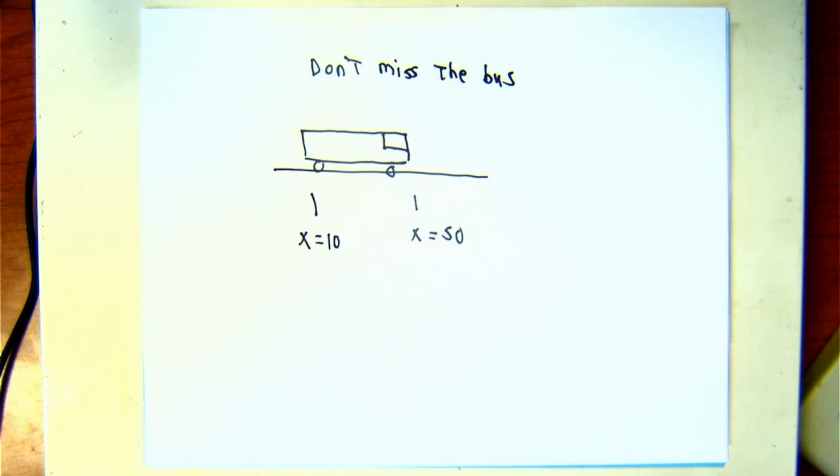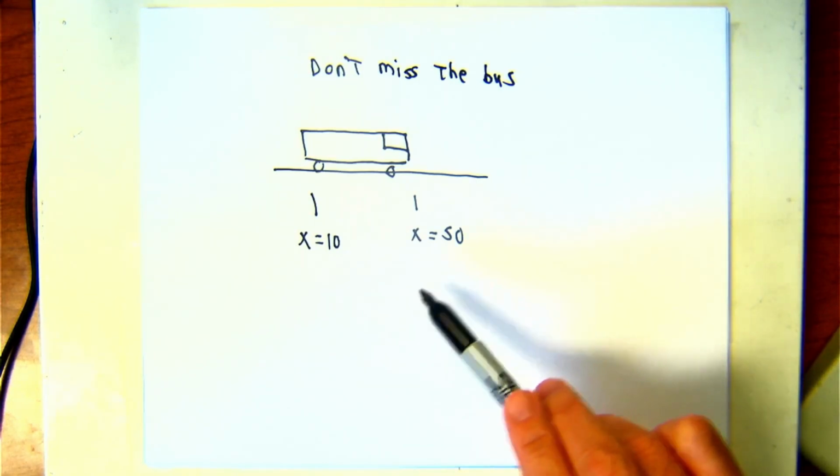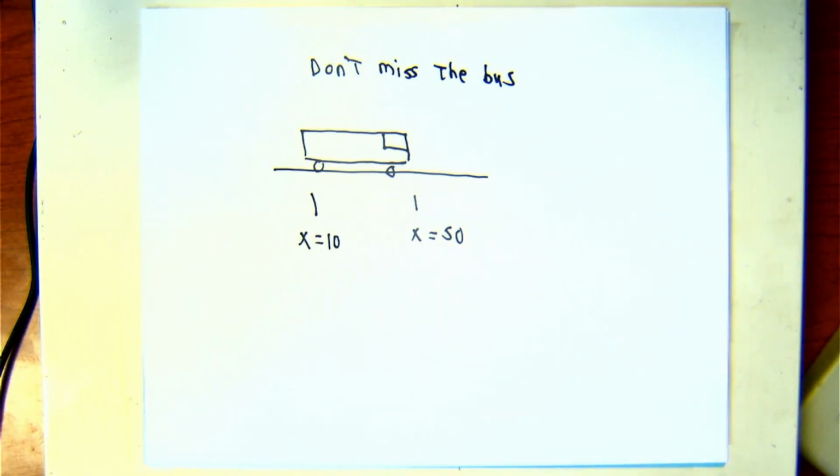The two people get together, they say, all right, the right end is at x equals 50, the left end is at x equals 10, 50 minus 10 is 40, the bus is 40 units of distance long. Later, another pair of people agree to do the same measurement. Their conclusion is that the bus is 800 feet long.